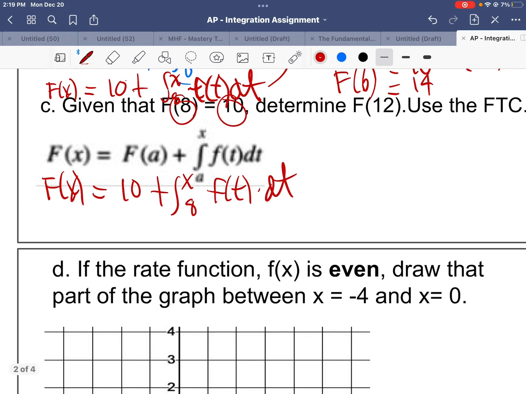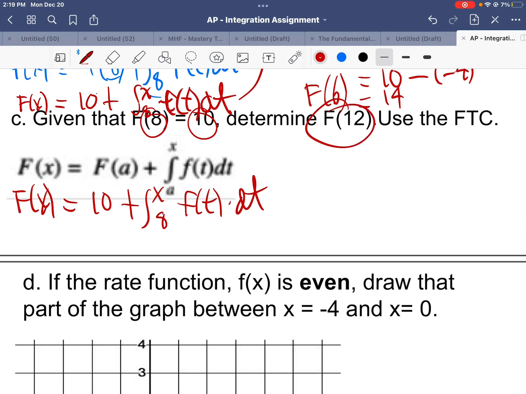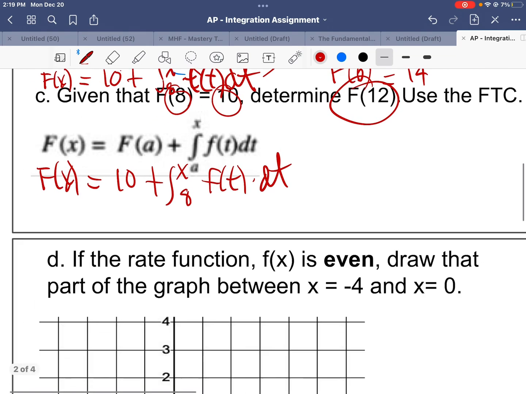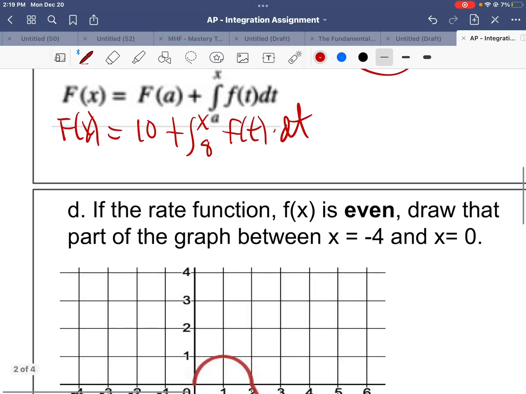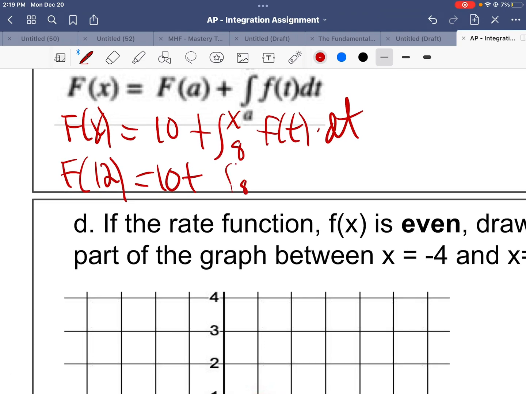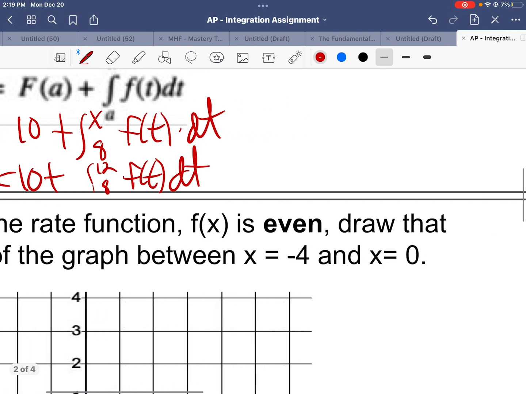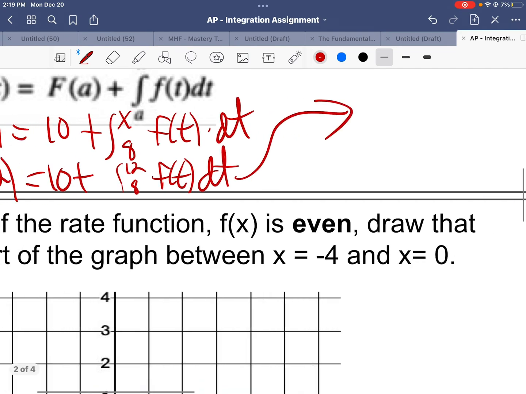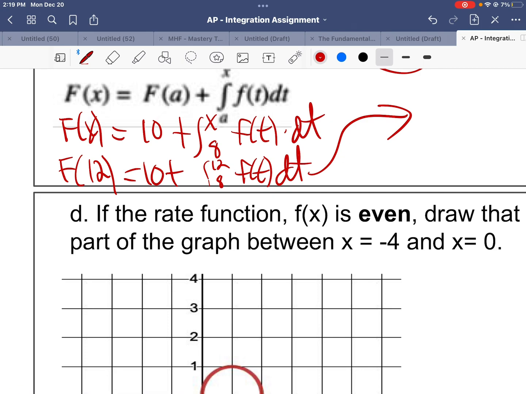Now, what do I want to figure out? I want to figure out F at 12. Okay, so F at 12 will equal 10 plus the integral from 8 to 12 of f of t dt.